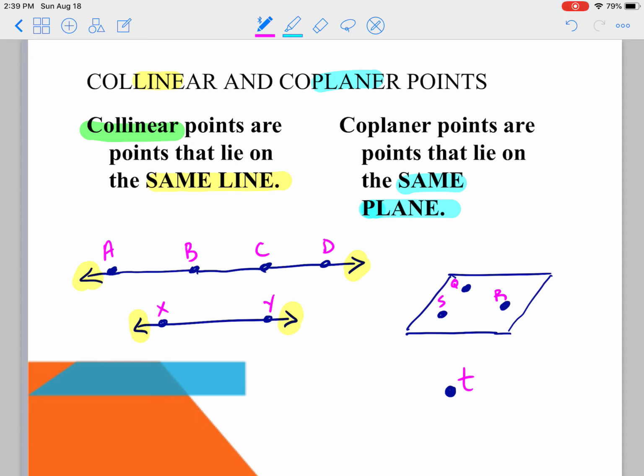Therefore, it is not coplanar. It is non-coplanar with those points. So collinear, remember the word line is contained in collinear, and it's points on the same line. And we have coplanar with the word plane embedded inside of it. So we know that we're talking about points on the same plane.